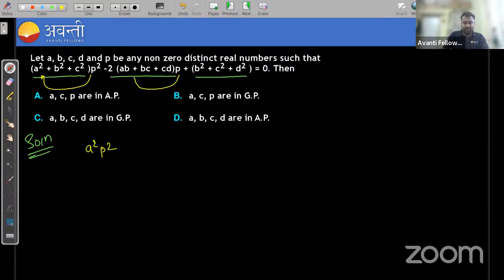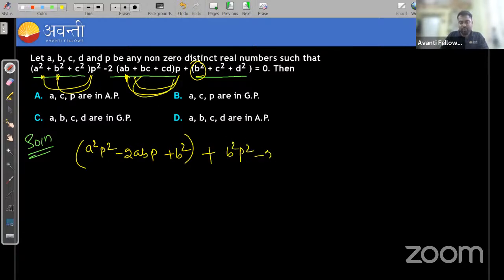Then P with 2AB gives me minus 2ABP. Then in the next bracket, plus B square. Similarly, multiply P square with B square, it gives me B square P square, P with 2BC gives minus 2BCP, plus C square.